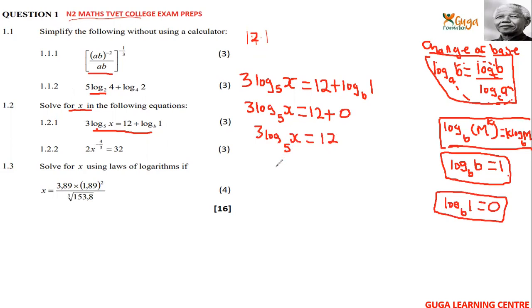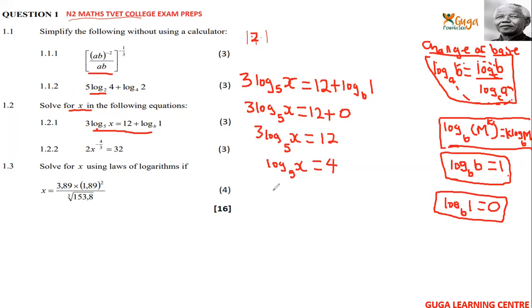You can divide both sides by 3, then on the left you are left with log base 5 of x, 3 divided by 3 is 1, then 12 divided by 3 is 4.